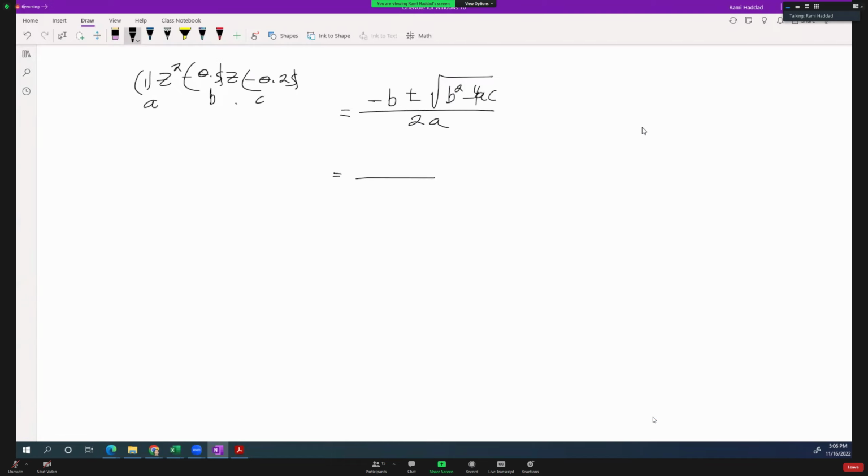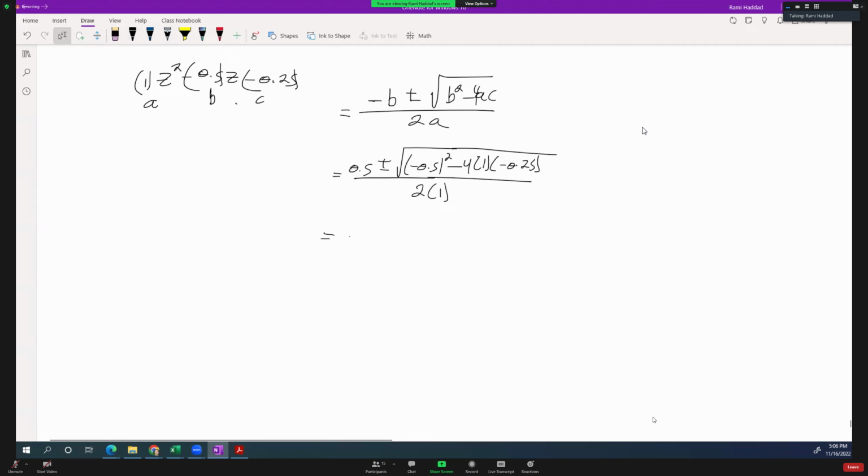B was minus 0.5, so you have 0.5 plus or minus the square root of minus 0.5 squared minus 4, where A was 1 and C was minus 0.25, over 2A, where A is 1.